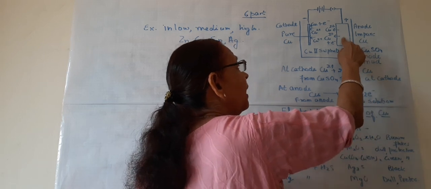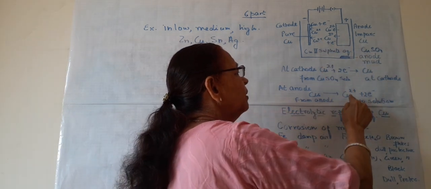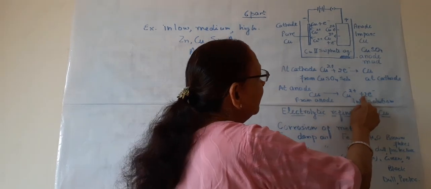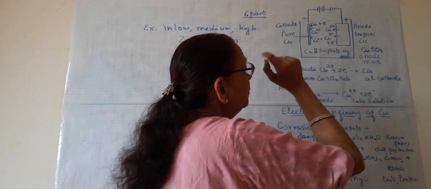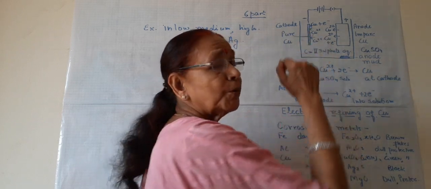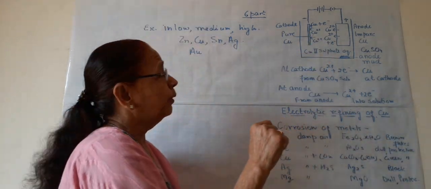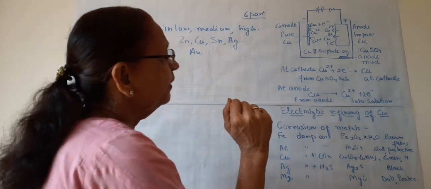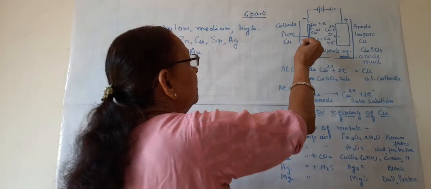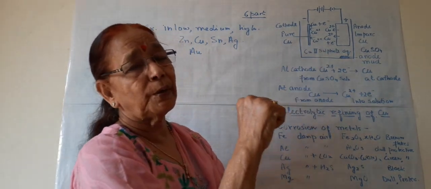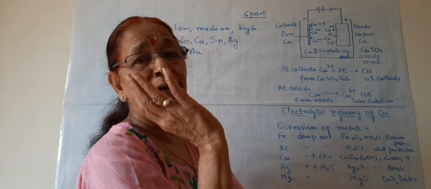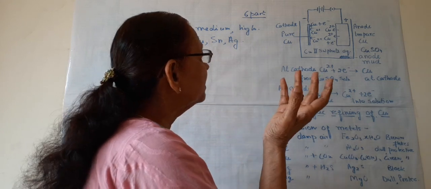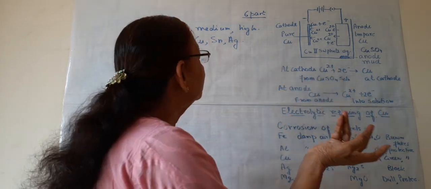Copper comes from anode into the solution, breaks up into copper ion and electrons, and these then come into the solution, and from the solution to the cathode. In this way, refining is done and pure copper is deposited on cathode. This is about electrolytic refining of metals. Very simple and very easy.